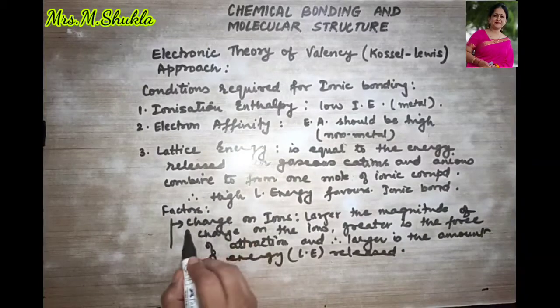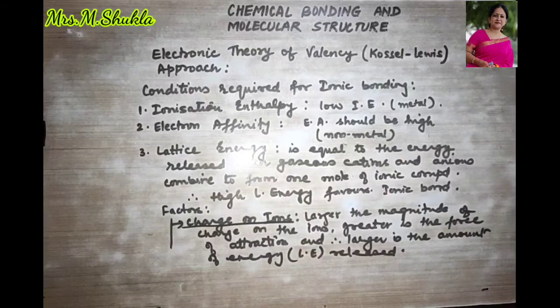Clear? So one of the factors for lattice energy is what? Charge on ions. And what is the second factor?